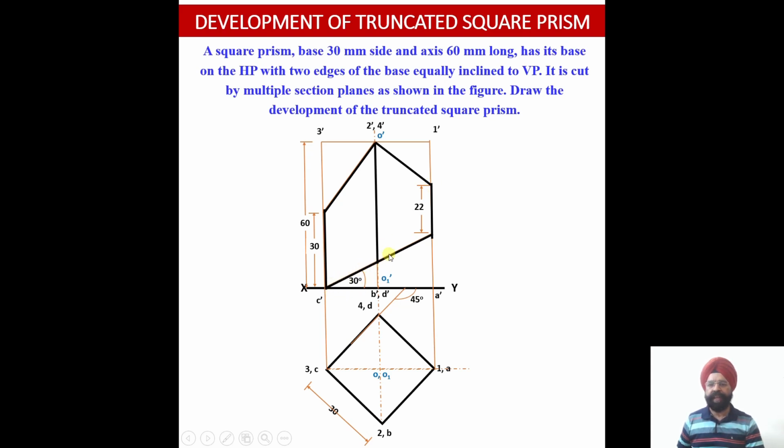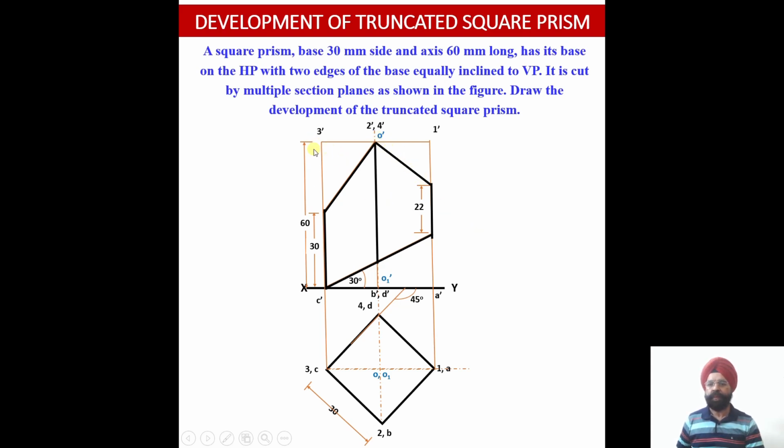So this cutting plane is inclined at an angle of 30 degree, and it starts from the left bottom corner of the square prism, right? So once you draw this angle of 30 degree, and thereafter you leave a 22 millimeter distance over there, the coordinate locations of the cutting plane over here will be identified.